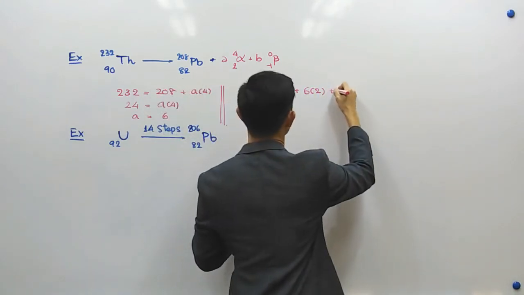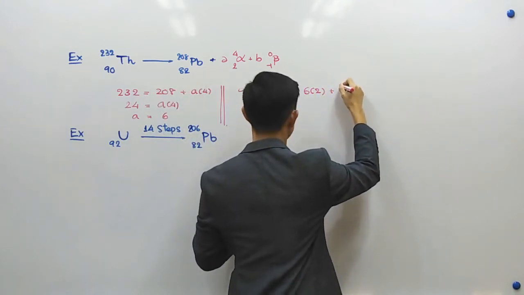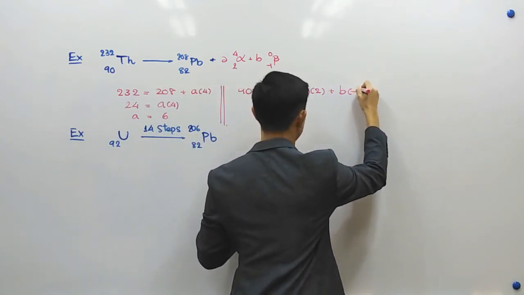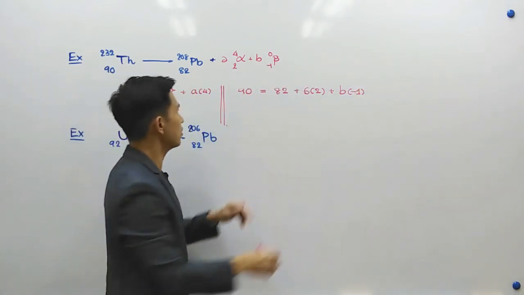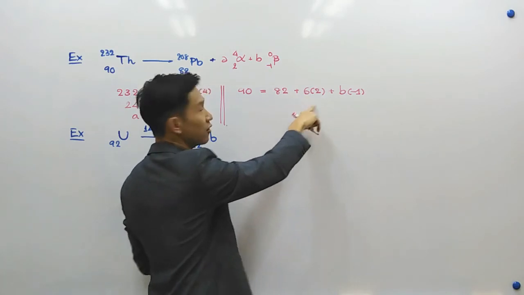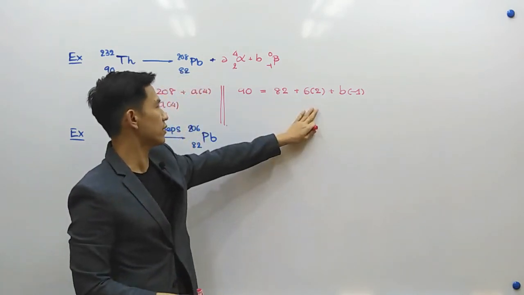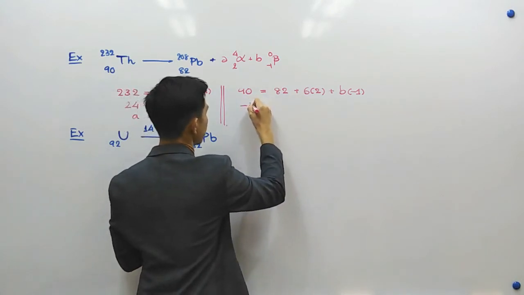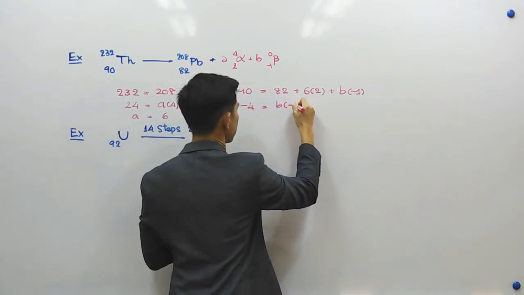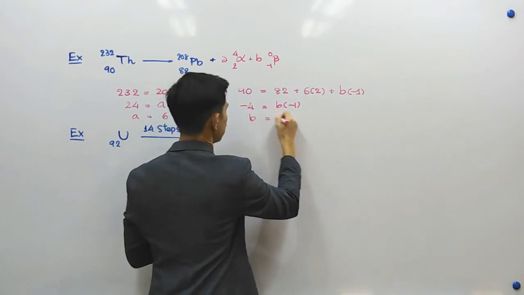And then you have B particles of minus 1, the electron, right? So 82 and 12 is 94. You move it here, so minus 4 will be equal to B times minus 1, so B is equal to 4.